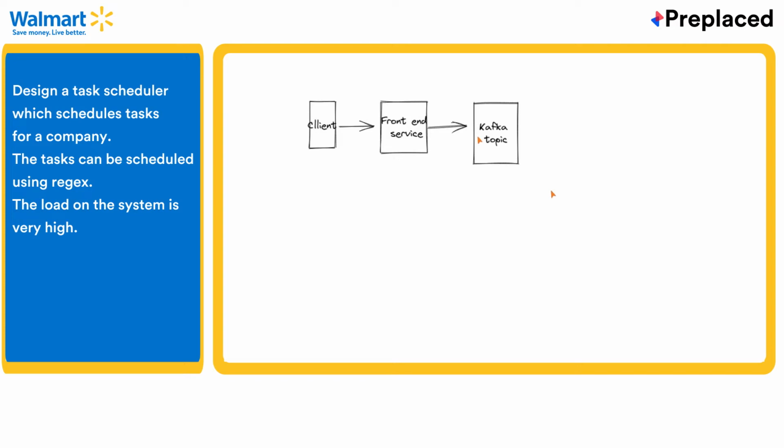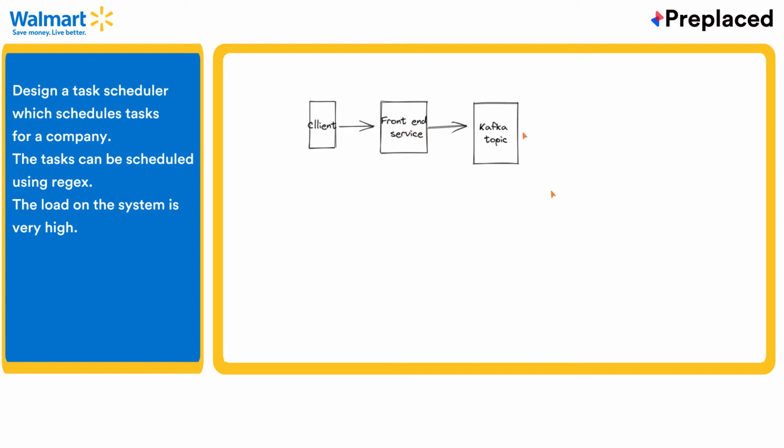So I was thinking about how many topics we can have. We have a front-end service acting as an intermediate layer between the client and topic, and if we want, we can also have priorities decided by this service, and there can be multiple queues based on the priority. Can we focus more on the execution part first?